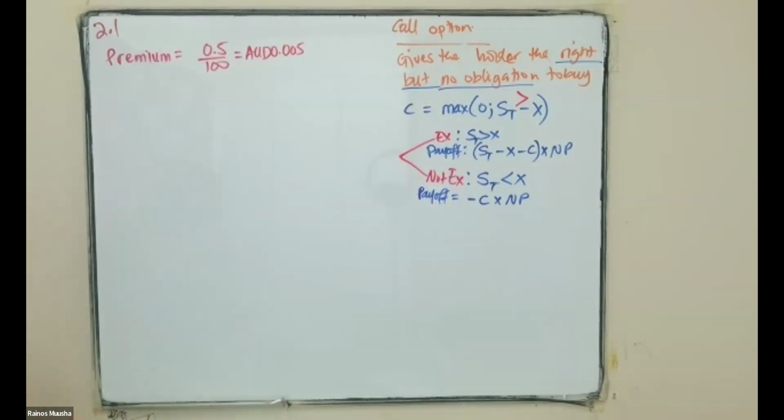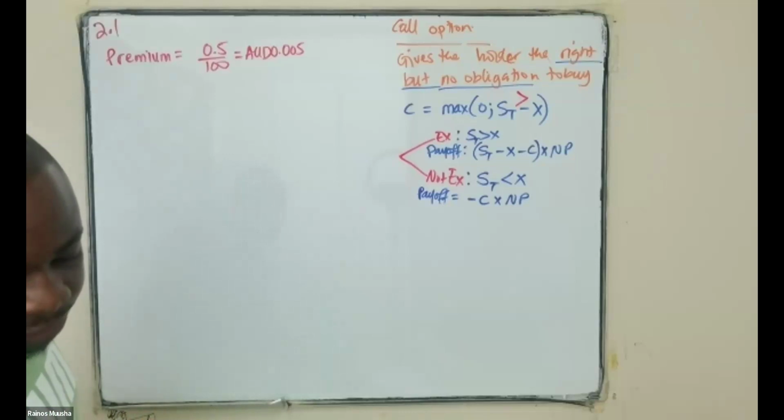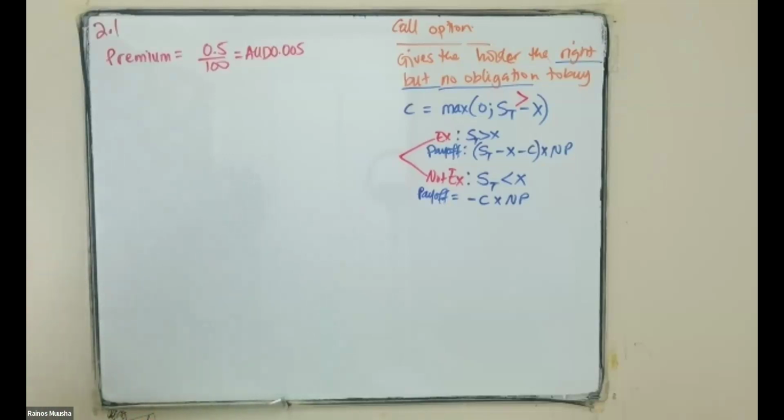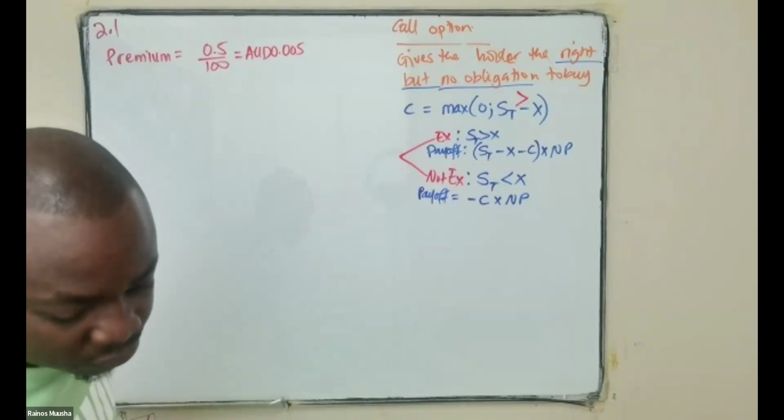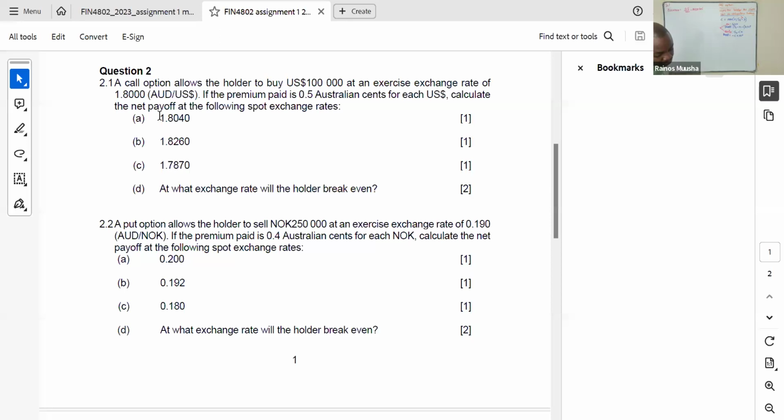So which means in this case, for the first part of the question, they are telling us that the spot price is 1.8040. Remember, they are telling us as well that the exercise price is 1.80, isn't it?